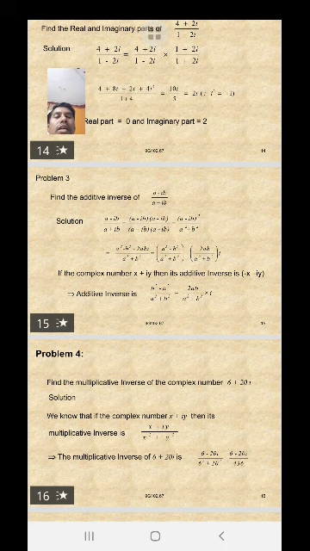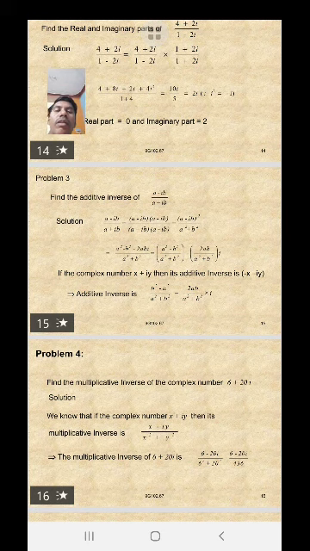To find the additive inverse, first we have to keep it in the form of a plus ib. Then we can easily write the additive inverse of a plus ib, that is minus a minus ib.